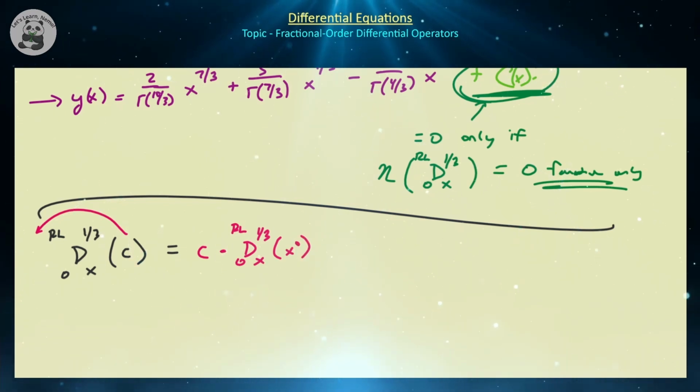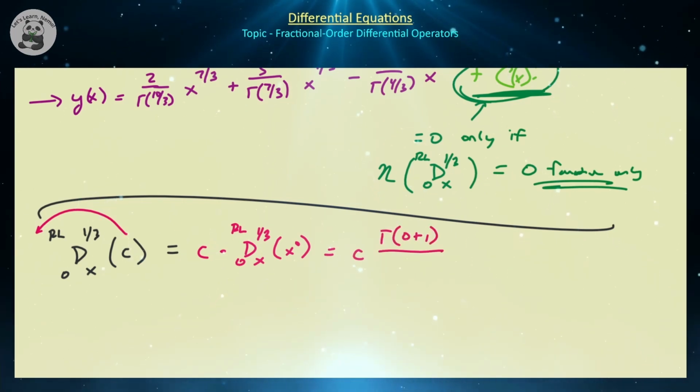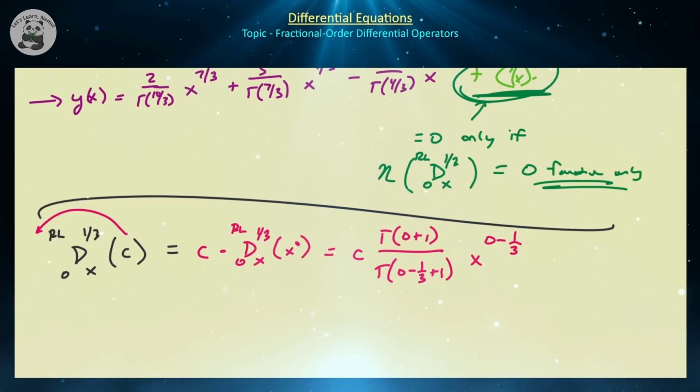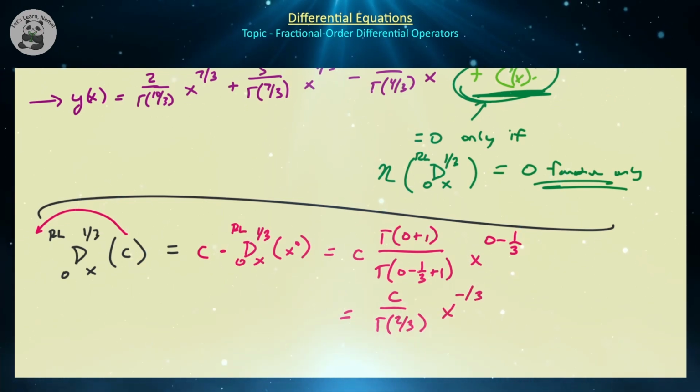So if we apply that power rule again, this is just going to be equal to c times gamma of 0 plus 1 all over gamma of 0 minus 1/3 plus 1 times x to the 0 minus 1/3, which is just going to be equal to c all over gamma of 1 minus 1/3, that's going to be equal to 2/3, times x to the minus 1/3, which we can write in another way as c divided by gamma of 2/3.